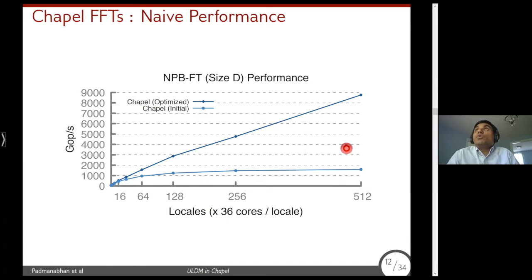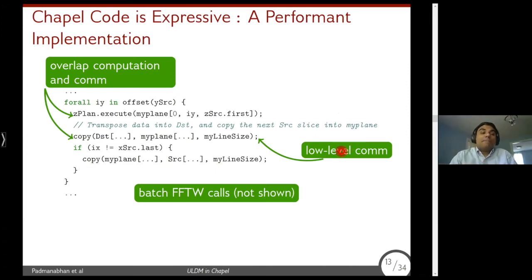And so let me show you what one has to do to go from the naive version to this fuller version out here. Focusing on one piece of the code, there are three things we ended up doing. We ended up overlapping computation and communication, which we were able to do even though the communication was not non-blocking, but blocking communication. But each of the individual tasks on every node could start off a communication job, and so that kept the nodes relatively busy.